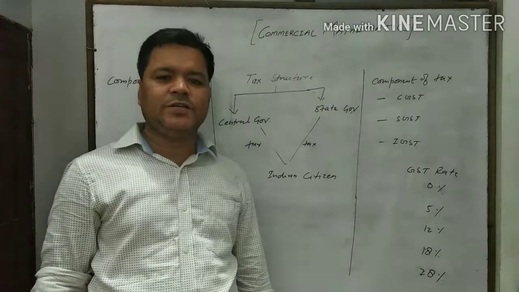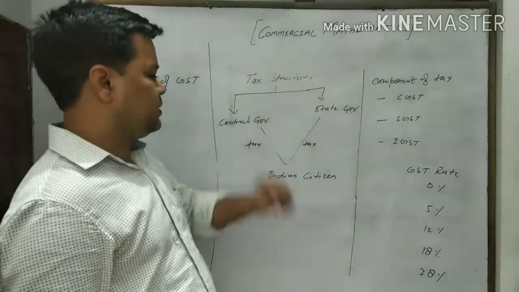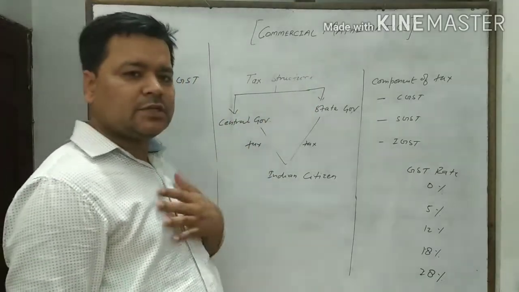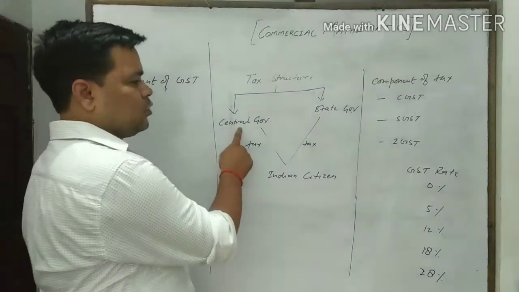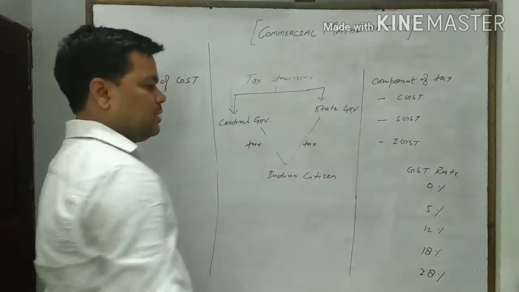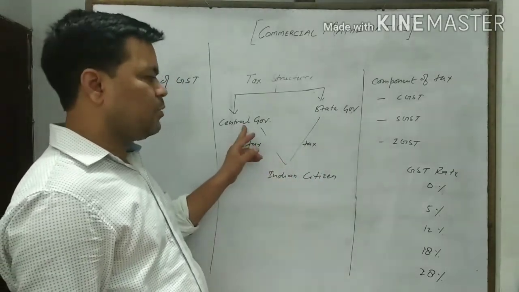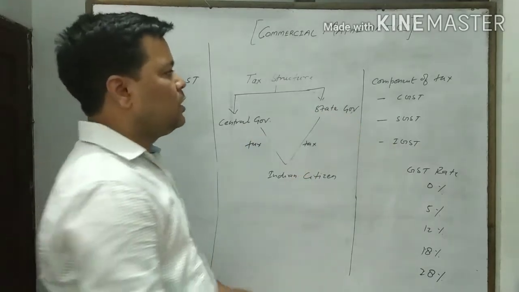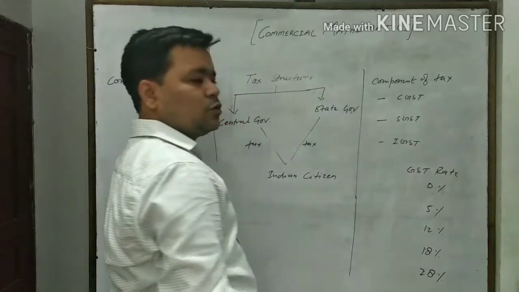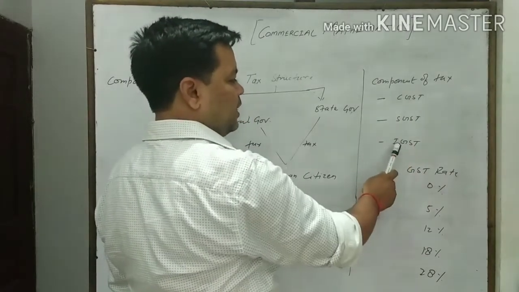Now we will try to understand the tax structure. We are citizens of India, and in India we have a central government and a state government. An Indian citizen has to pay tax to the central government and also to the state government. Therefore the components of tax are three types: CGST, SGST and IGST.